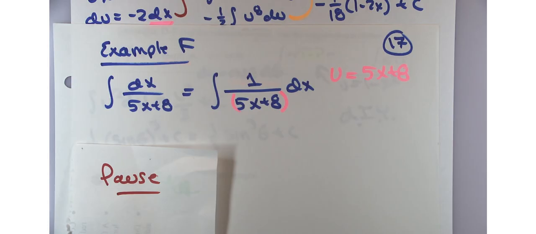U is here. You solve for dx here. So rewrite the integral as 1 over u and then times that. And then I'll put everything in terms of u. And the antiderivative of that.